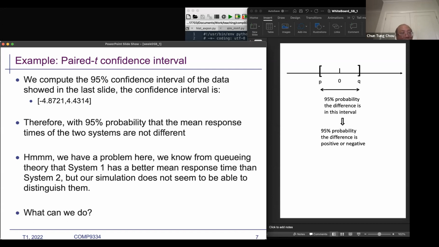Okay, now, there is an interesting suggestion on the chat. One is to increase the number of replications. That's what we will do in one moment. Another possible way to improve the simulation results is to simulate it longer.